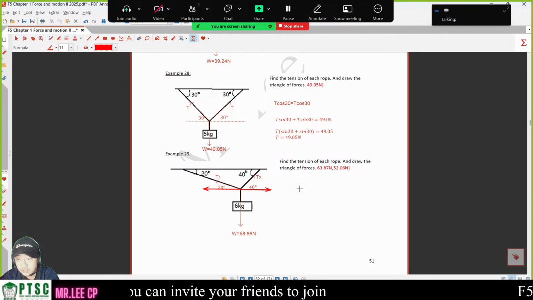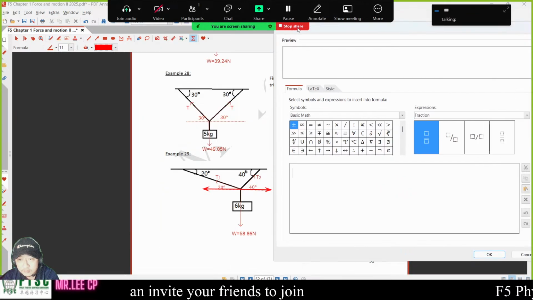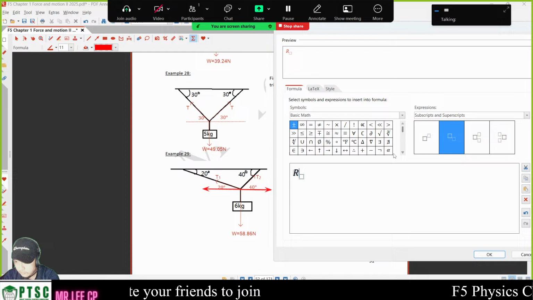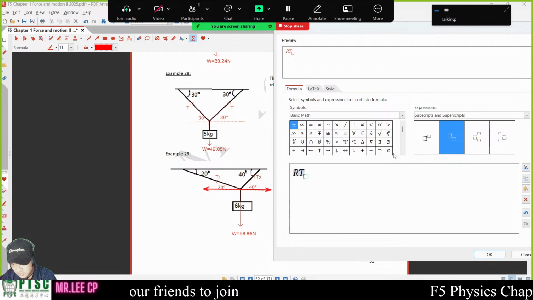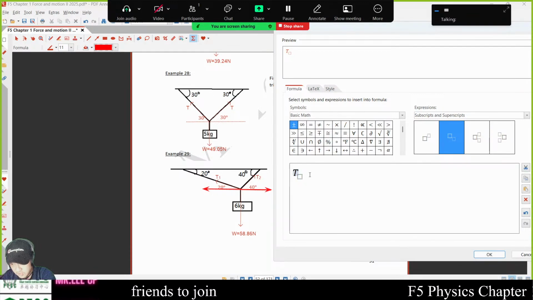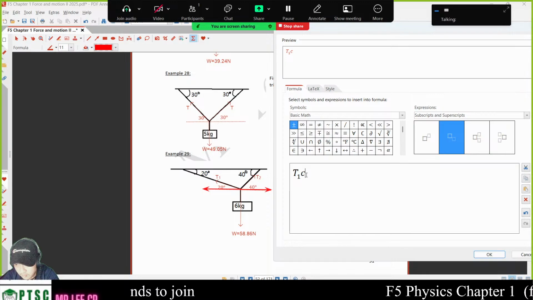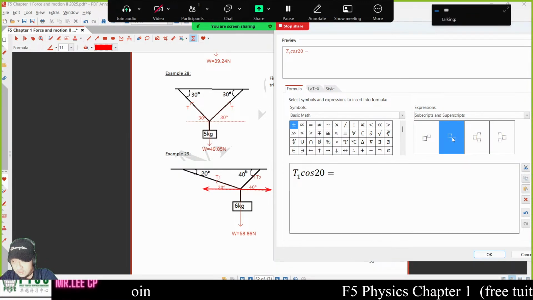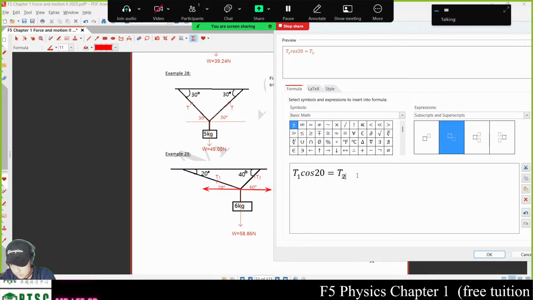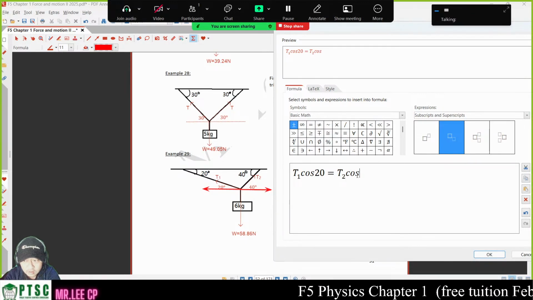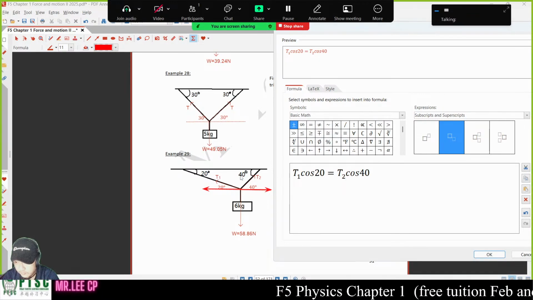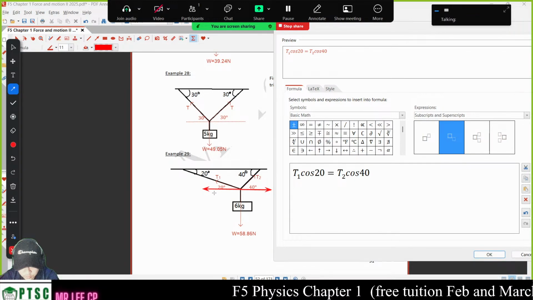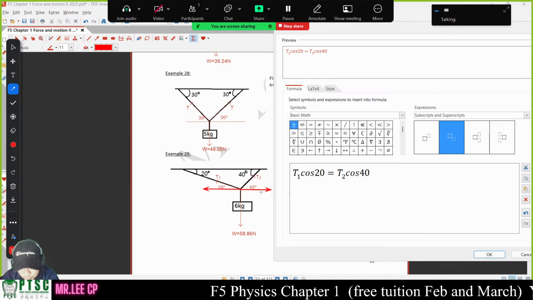So T1 cos 20 is equal to T2 cos 40. I repeat, T1 cos 20 is equal to T2 cos 40.